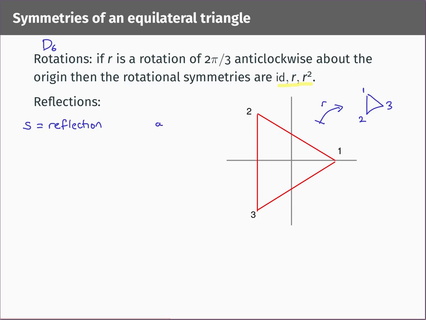So S is reflecting in the x-axis, sort of swapping the positive y and negative y parts. What would happen if we did S? I'm going to draw this arrow to show what it would look like after we did S. Well, S would fix the vertex 1. That would stay where it was, but it would swap 3 and 2. So that's what would happen if we did the reflection S to this triangle.